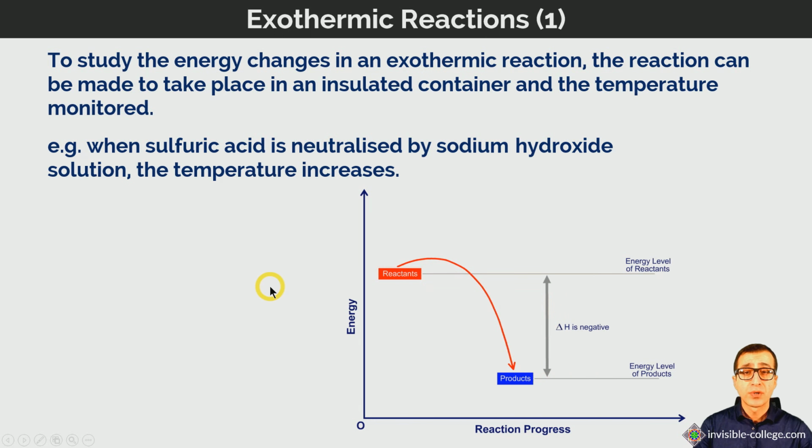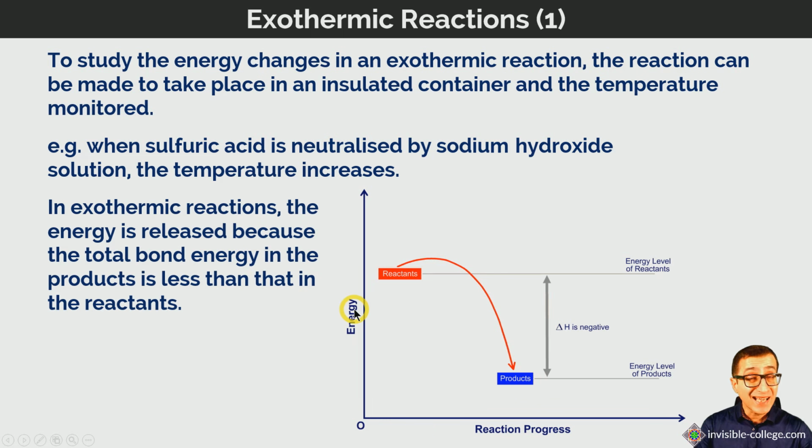Now, as we'll see a bit later on, the reason for this is that the difference between the energy required to break all of the chemical bonds in the reactants and the energy released when the new chemical bonds form to make the products causes a net output of energy.